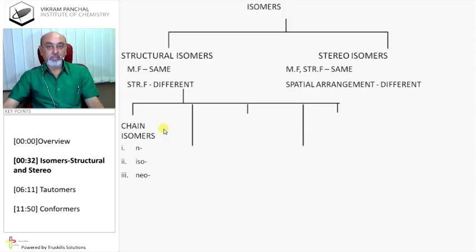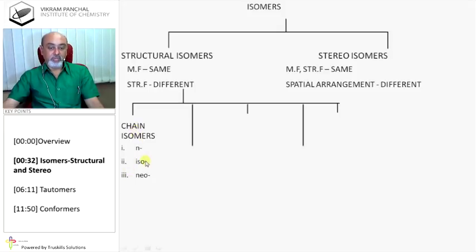For example, normal pentane, isopentane, neopentane, or normal propyl chloride, isopropyl chloride, or normal butyl chloride, isobutyl chloride, neobutyl chloride. These are all chain isomers.